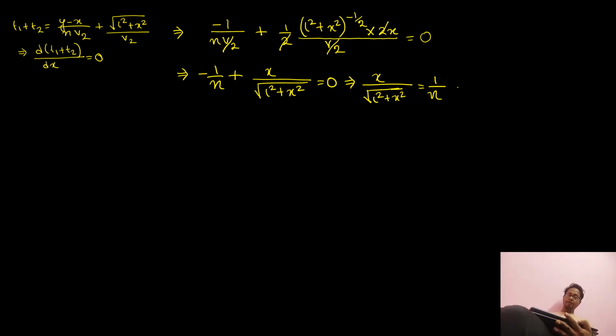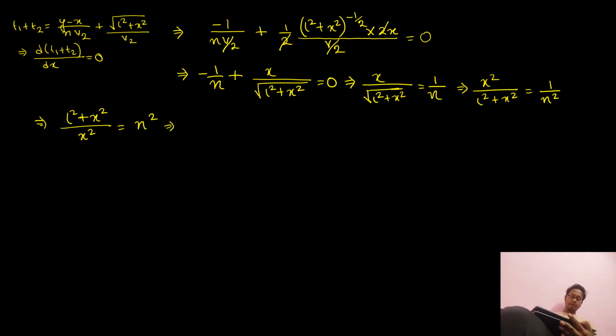If I square both left hand side and right hand side, I get x square by L square plus x square is equal to 1 by n square. If I take the reciprocal of both sides, I get L square plus x square divided by x square should be equal to n square. Now L square by x square plus 1 is equal to n square, or L square by x square is equal to n square minus 1.